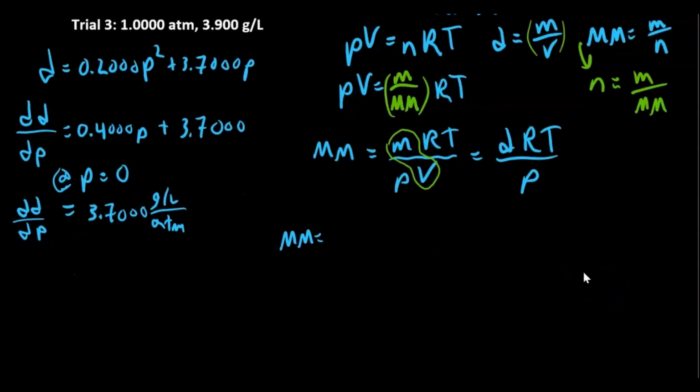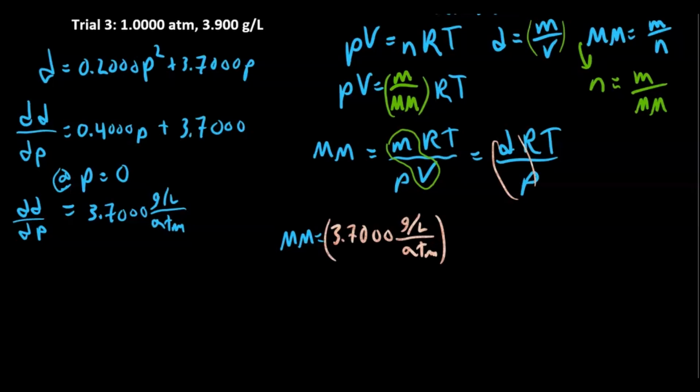Molar mass equals, so this d over p is 3.7000 grams over liters all over ATM. And we need to choose the right R, the R that has the right units.